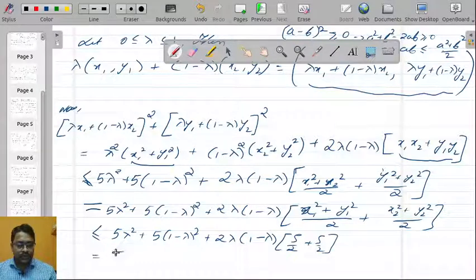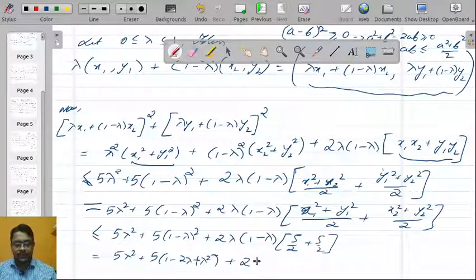If we simplify this now, it's 5 lambda square plus 5 into (1 minus 2 lambda plus lambda square), and this is 2 into 5 by 2, that is 10 into (lambda minus lambda square).